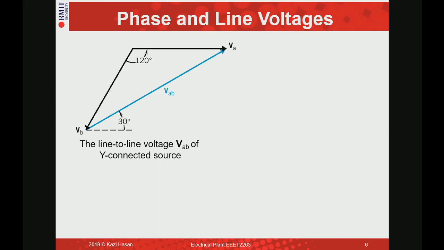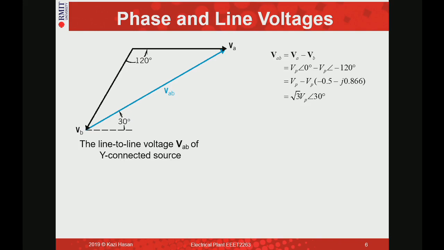So VA is one phase voltage for phase A. VB is another phase voltage, phase B. They have 120 degree phase shift in between them. Now we want to calculate the line to line voltage between VA and VB. So the line to line voltage will be VAB. And we are doing vector summation here.